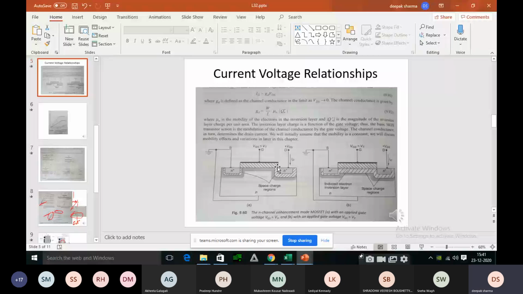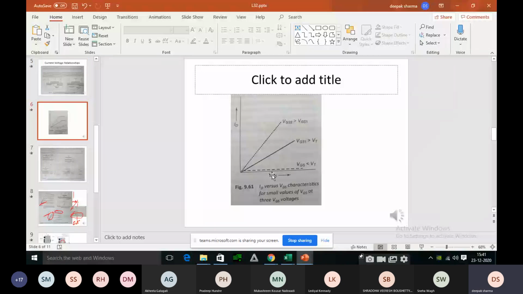Correct? And when the electrons are moving from source to drain, then we can say that the current has started. Correct? Current has started. But here in the graph you are seeing different levels of current. VGS2 is greater than VGS1. Correct? VGS1 is greater than VT.